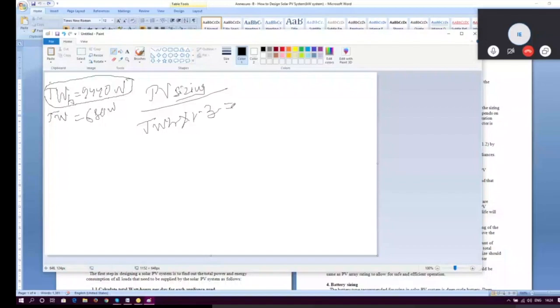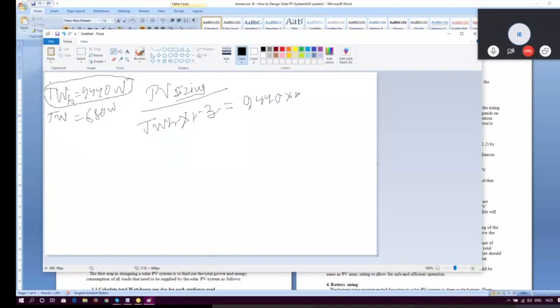Again, 1.3 is the loss factor; 30% loss is considered in a solar system. So it will be 9440 into 1.3.